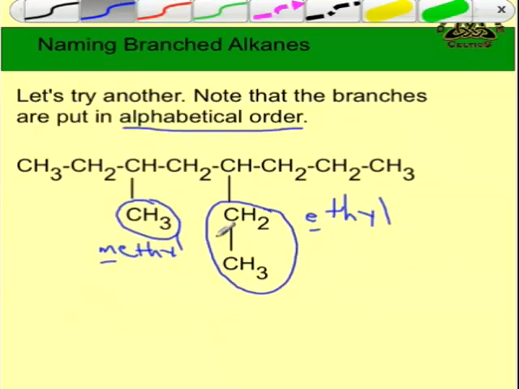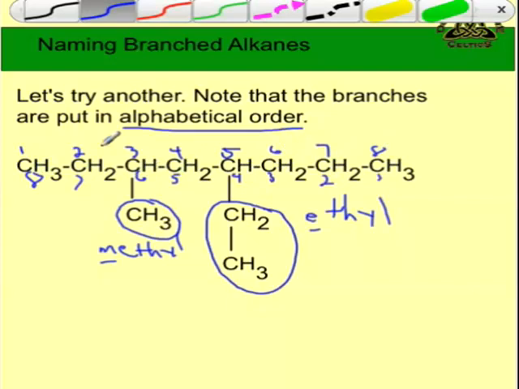But we still have to indicate what carbons these are off. So let's number our carbons. 1, 2, 3, 4, 5, 6, 7, 8. 1, 2, 3, 4, 5, 6, 7, 8.